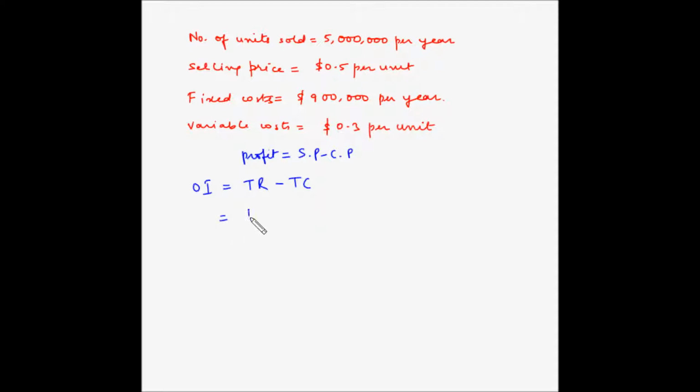So this is equal to total revenue minus the fixed cost plus the variable cost, and this is equal to total revenue, which is the multiplication of number of units sold and the unit selling price, minus the fixed cost plus variable cost. Now variable cost is the multiplication of number of units sold and the unit variable cost.